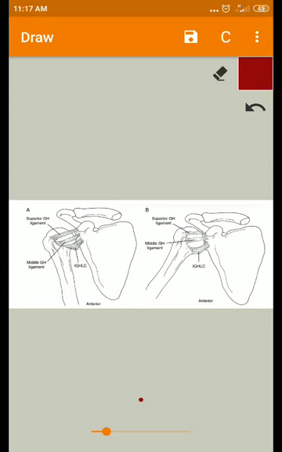Now first, we will see the superior glenohumeral ligament. Here you can see the superior glenohumeral ligament.